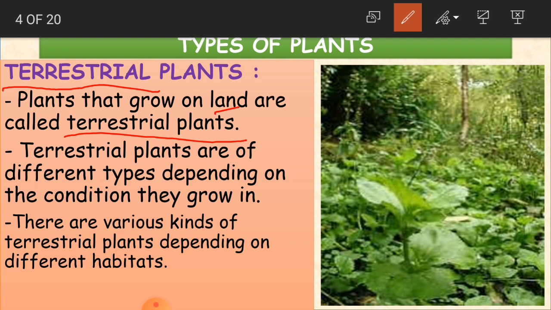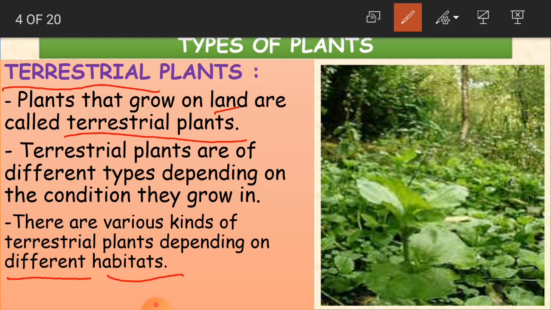There are various kinds of terrestrial plants depending on different habitats. So habitats means what, children?